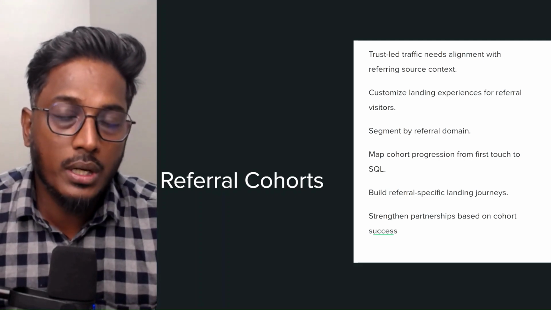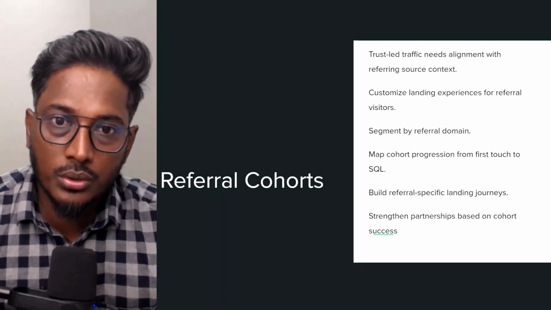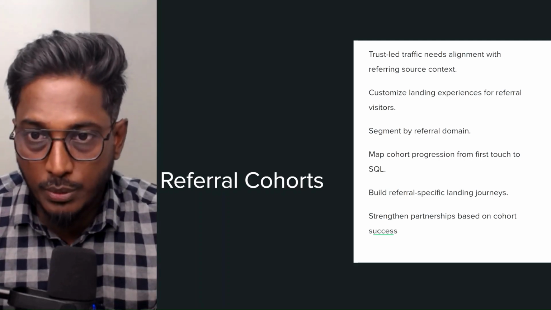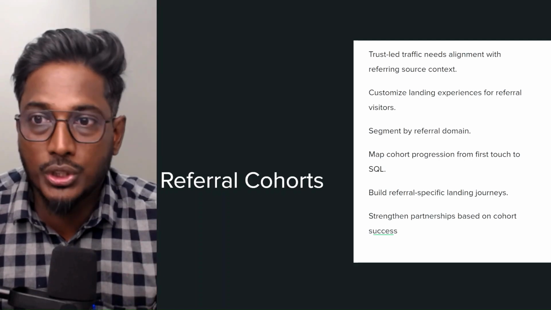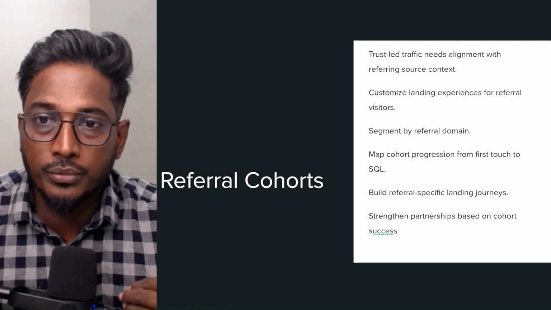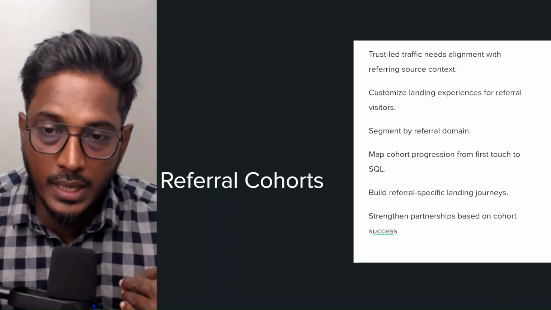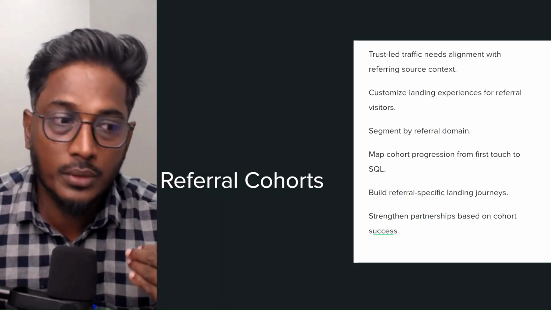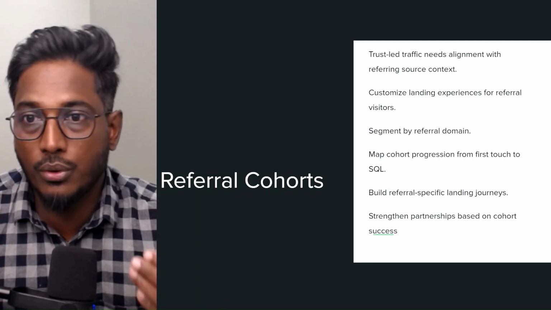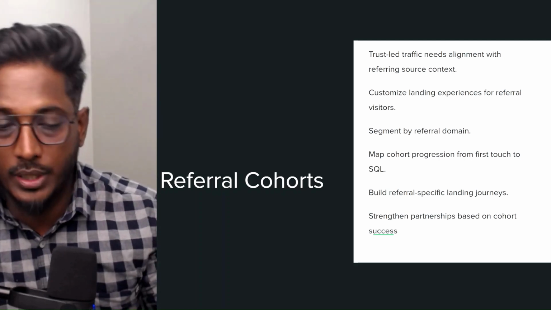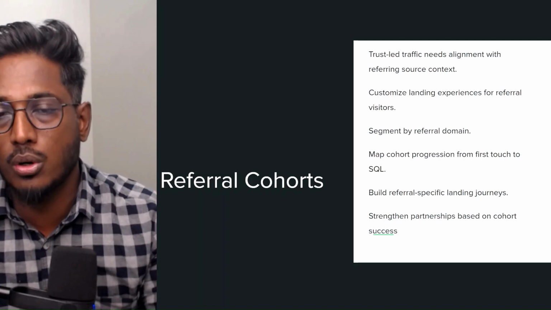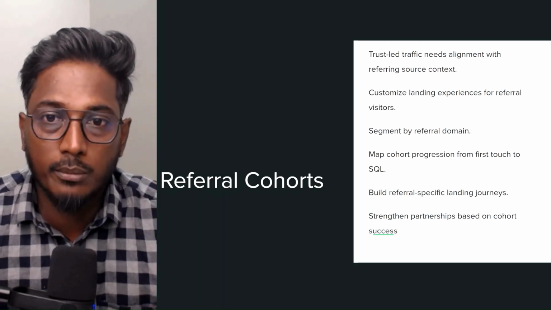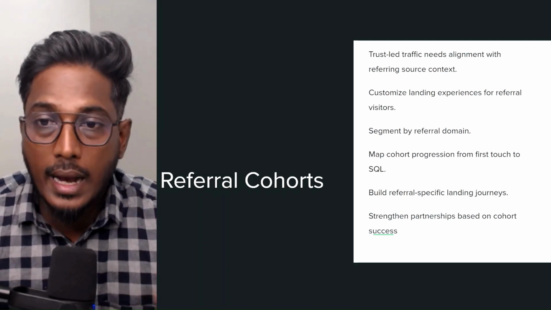So you can segment this referral traffic by source in GA4. You can track the engagement metrics, like what the bounce rate is and what the conversion rate is per source. For instance, if people are coming in from a Trustpilot page, you can have a dimension created especially for those people coming in from Trustpilot, and see whether they are moving to a demo request page or booking a demo or not.